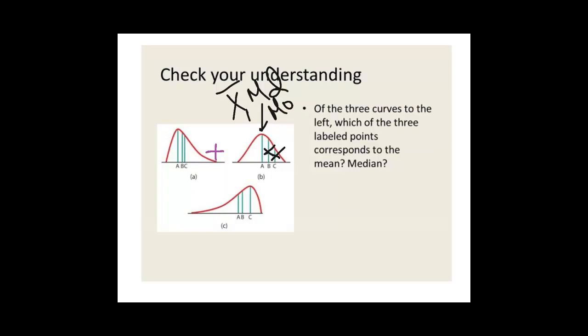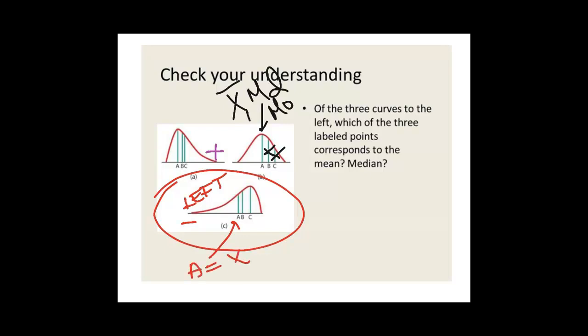And then for part C, the tail is on the left, and I know that the left of the number line is negative. The tail is closest to the mean, so A must be the mean. C as the highest point is going to be the mode, and in between, B will be the median.